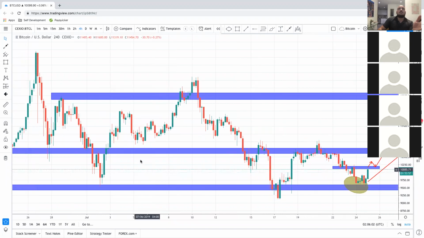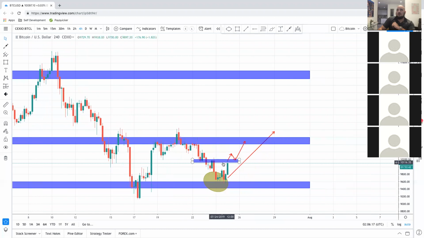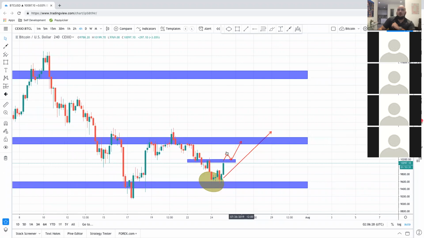I want you to look at this. By the way, this little measuring tool here tells you how to measure. So would you wait for a break and then re-enter? Yeah, exactly. So like right now, there's a 4 hour zone right here. And here's the thing about Bitcoin, you may not get that re-entry, but what I picture it doing is exactly what these little red lines are showing, right?